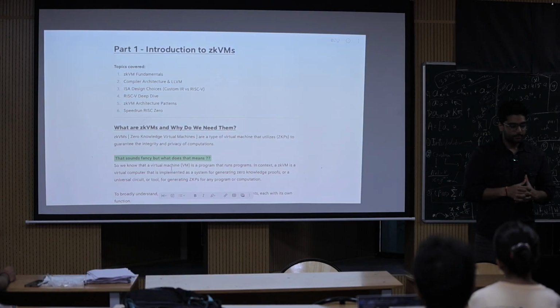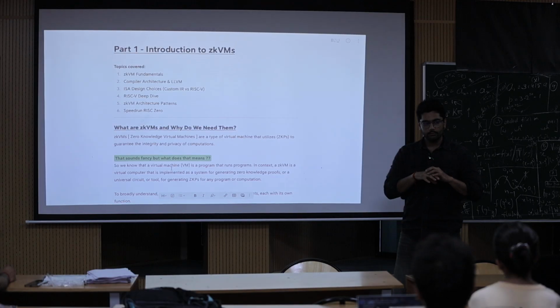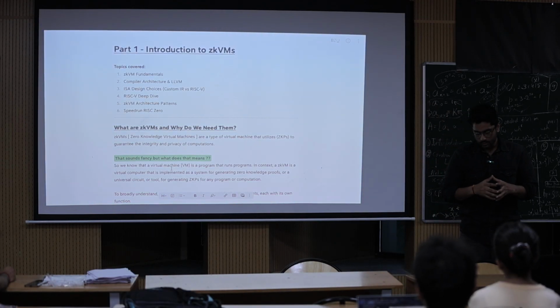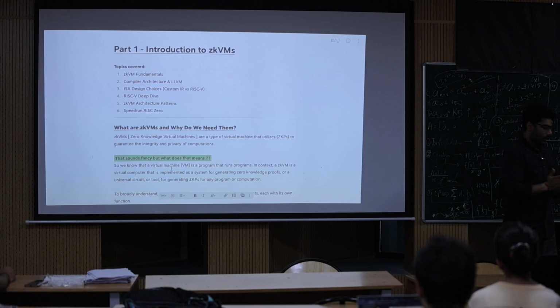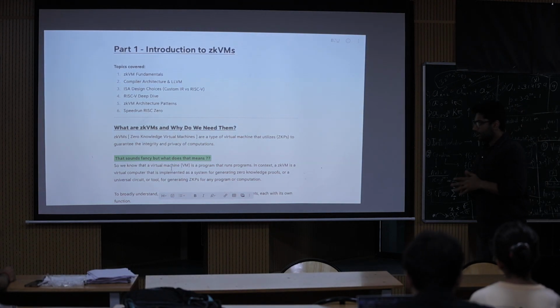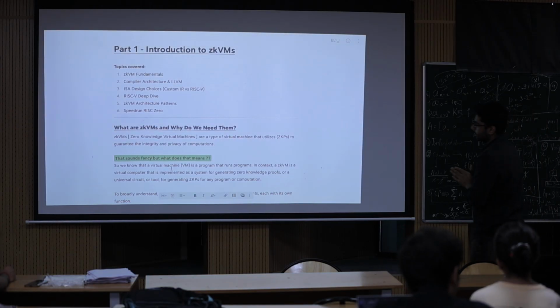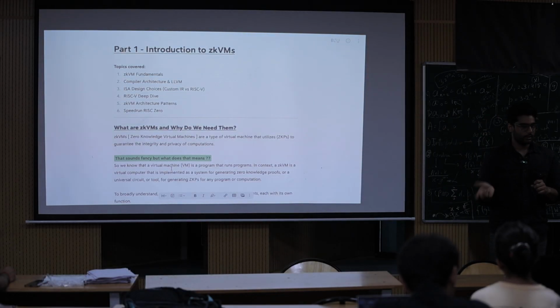That's how we began to think about how we can make this part easy. So the idea of building a zkVM was to make the developer experience of writing ZK circuits fluent. To give you an abbreviation of what a zkVM is, it's a virtual machine that utilizes ZKPs to guarantee the integrity and privacy of computations.